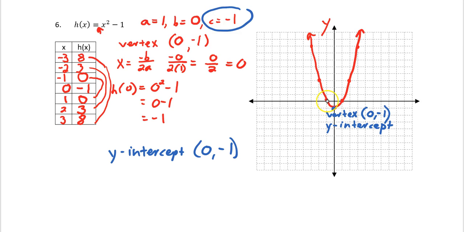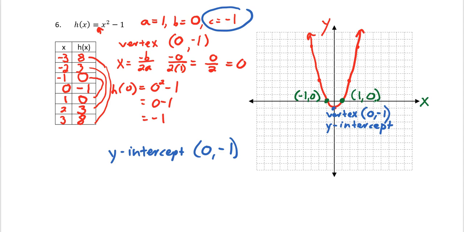The x-intercept, well, we actually have two x-intercepts in this problem because the graph crosses the x-axis in two locations. It crosses the x-axis to the left of the origin, and that ordered pair happens to be the ordered pair -1, 0. And then it also crosses the x-axis at the ordered pair 1, 0.